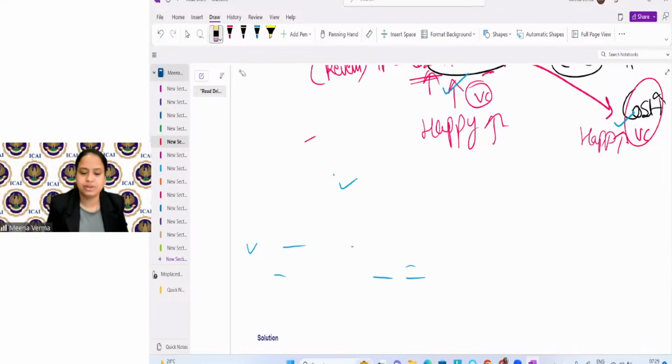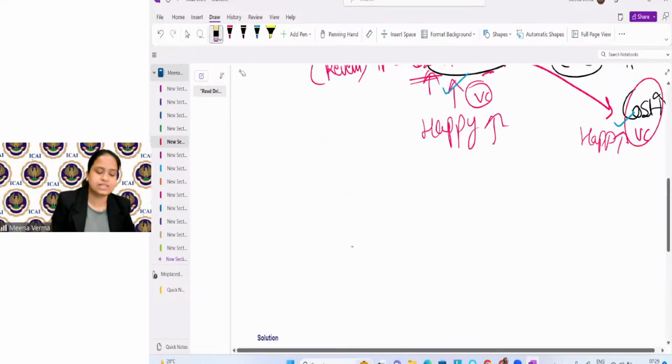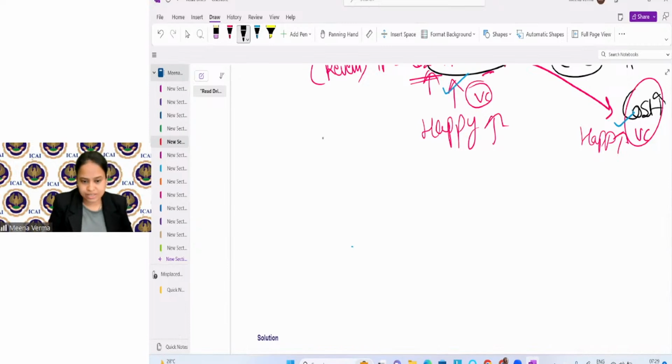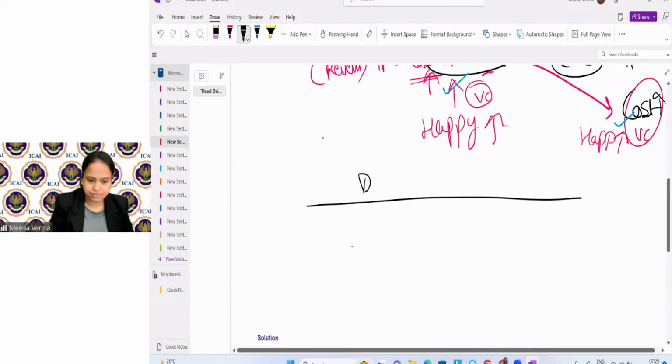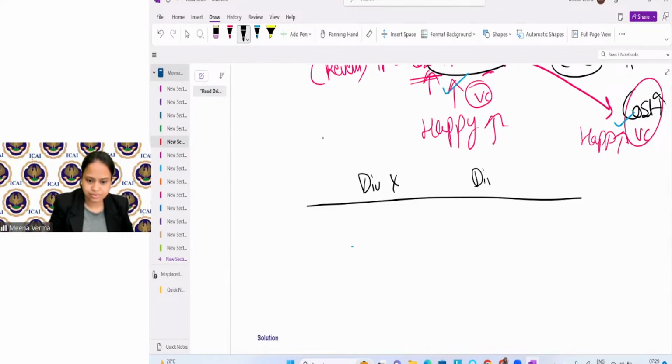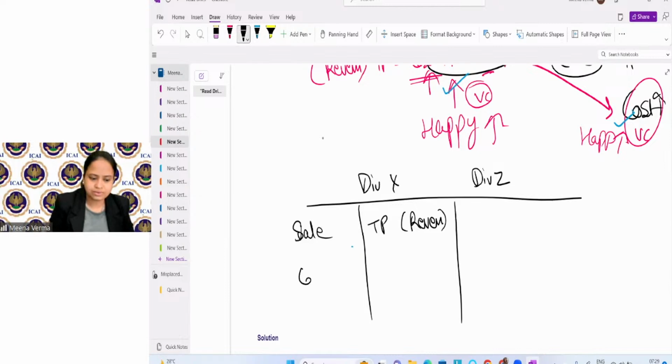Generally, when we decide the transfer price for division X and division Z, here will be the revenue, and the transfer price will be the cost here. What will happen under this scenario?